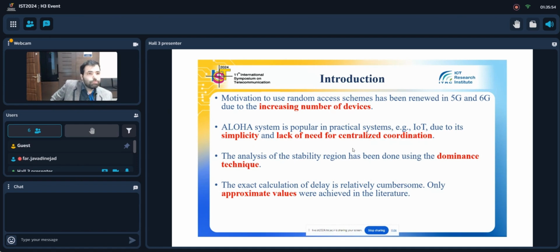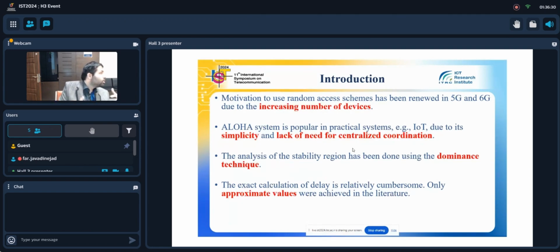And the reason for that is some problems like the coupled rate effect that I'm going to discuss in detail in following slides. But this challenge led to the fact that most of the literature couldn't find an exact analysis for this protocol. When it comes to the stability region, there are some indirect methods like the dominance technique, where they use a second network which is dominant to the original one, and they can find the exact stability region.